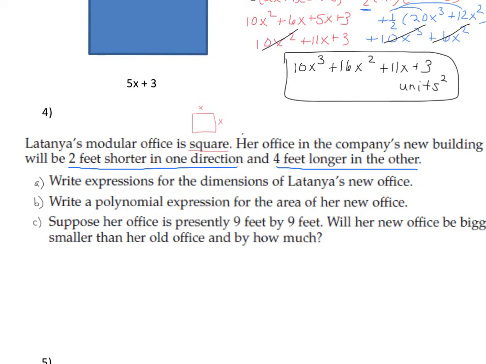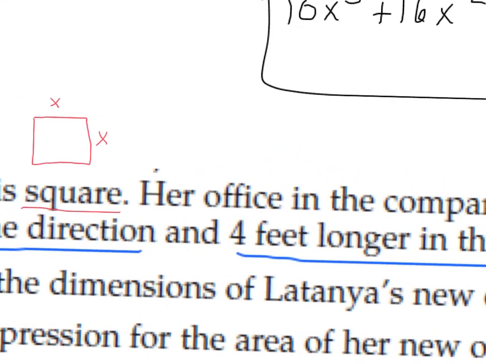So I'm going to subtract 2 off of one of them and I'm going to add 4 on the other. So her new office, so if I drew a new office here, I've got 4 feet longer in this direction and 2 feet shorter in this direction. Okay? So that's kind of what my picture is going to look like here. Oops. Let's erase that real quick.